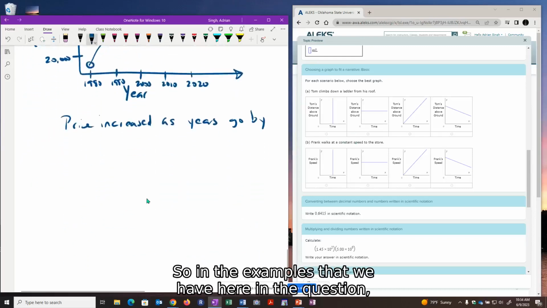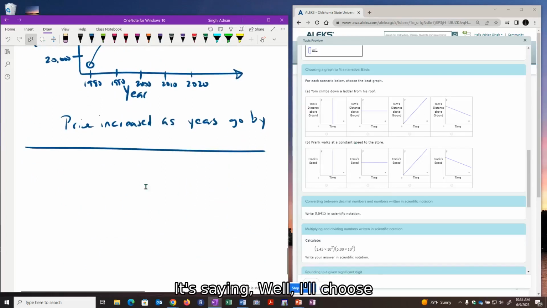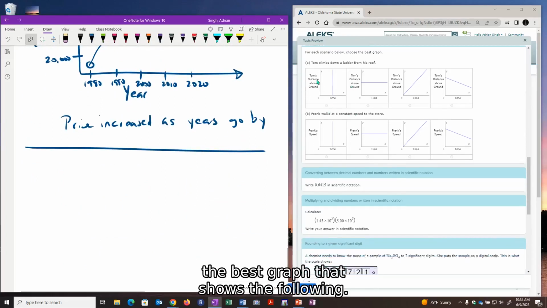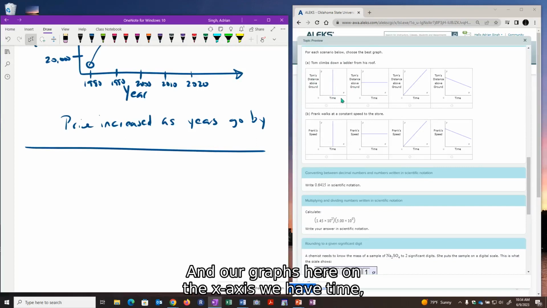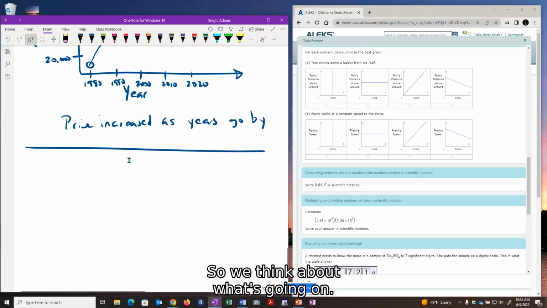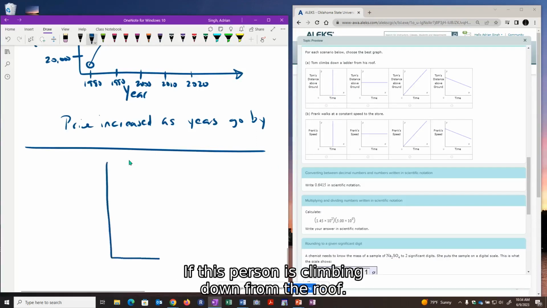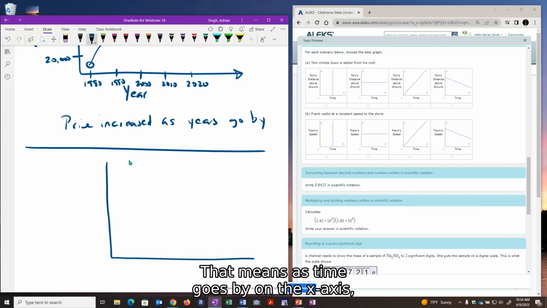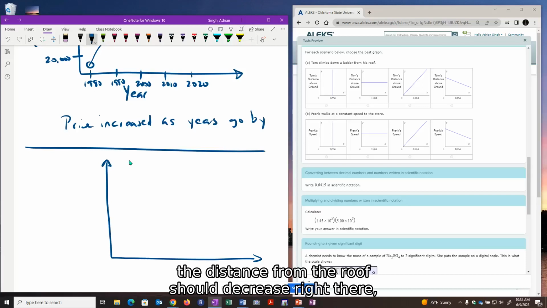So in the examples that we have here in the questions, it's saying, choose the best graph that shows the following. A person climbs down a ladder from the roof, and in our graphs here on the x-axis we have time, and on the y-axis we have the distance above the ground. So think about what's going on. If this person is climbing down from the roof, that means as time goes by, on the x-axis, their distance from the roof should decrease, right?